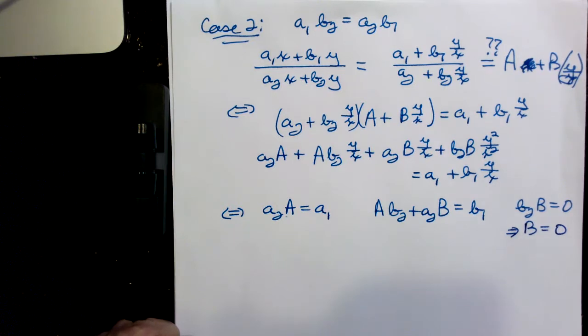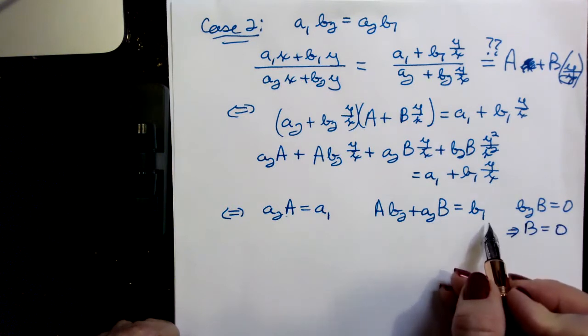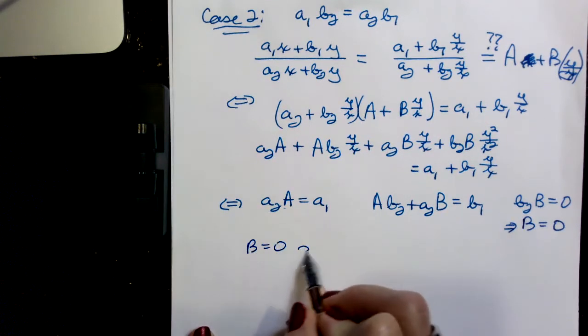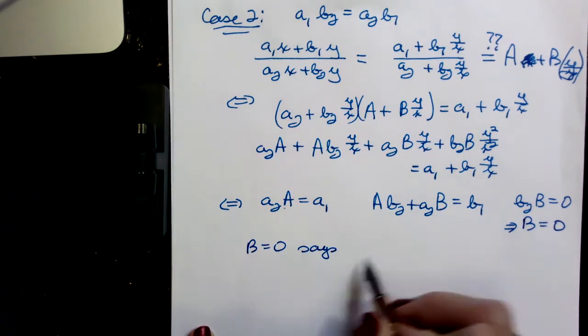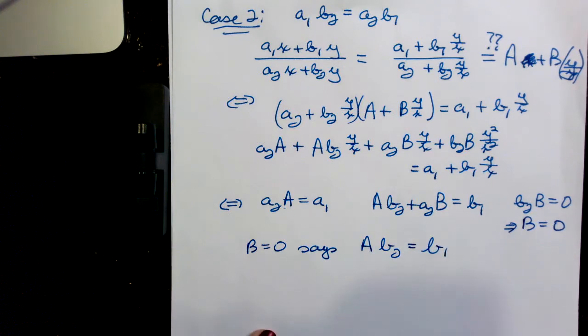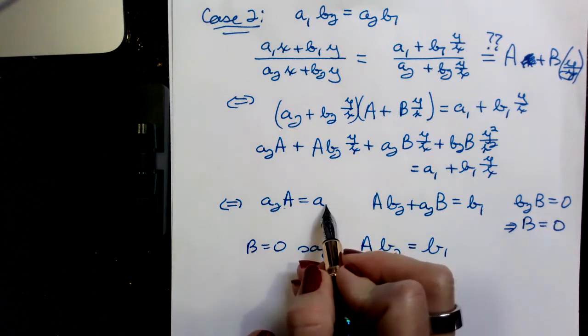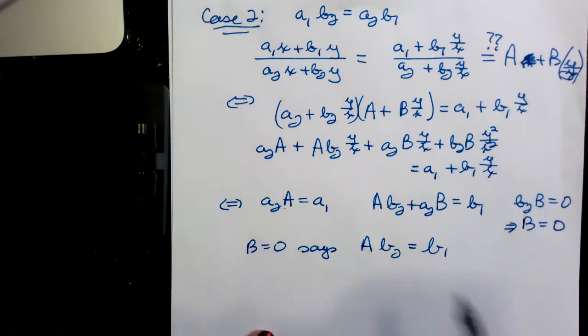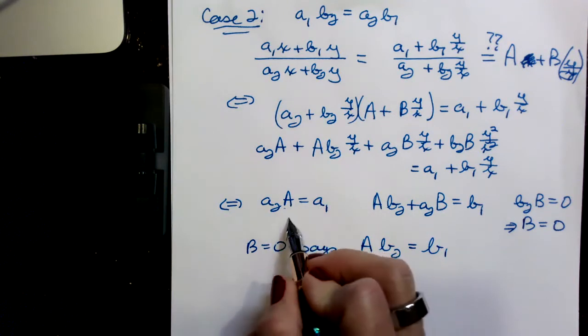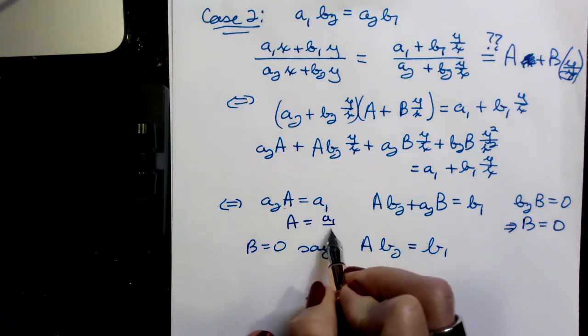Okay, so b equals 0. This equation says a2 times a, so a has to be equal to a1 over a2.